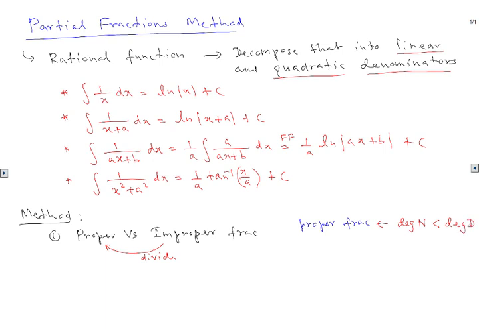That's what we call a proper fraction. If the degree of the numerator is smaller than the degree of the denominator, it is a proper fraction. If it is not the case, we're going to divide and then bring it to a proper fraction. So that's the first step we do.